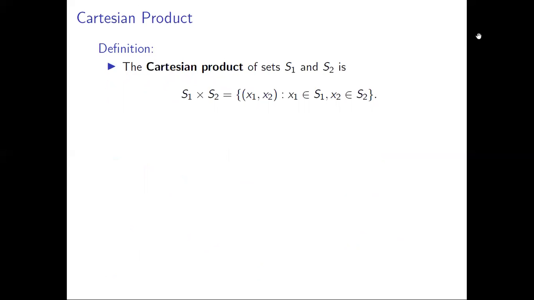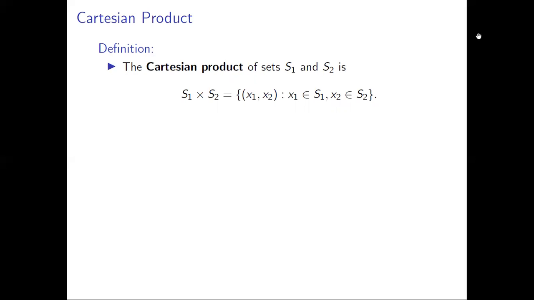The Cartesian product is written like this: S1 cross S2, and it's defined to be the set of all possible ordered pairs, x1 comma x2, where x1 is an element of S1. So the first item in the pair comes from the first set, S1, and x2 is an element of S2. So the second item in the pair must come from the second set.